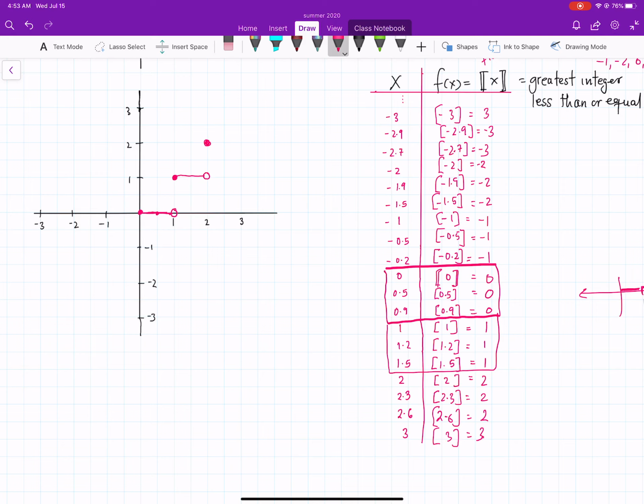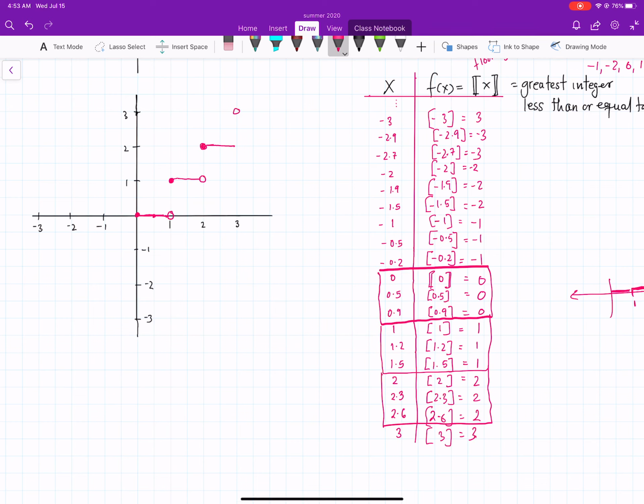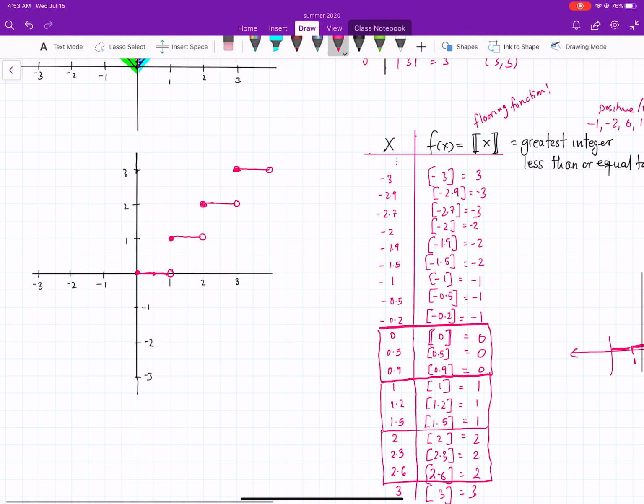All right. And then at 2, if I look at all the y values that have 2, it starts over here and it's horizontal until it gets close to 3, and then at 3 it jumps. So I put an open circle over there. And so that pattern continues forever like that, in that fashion.